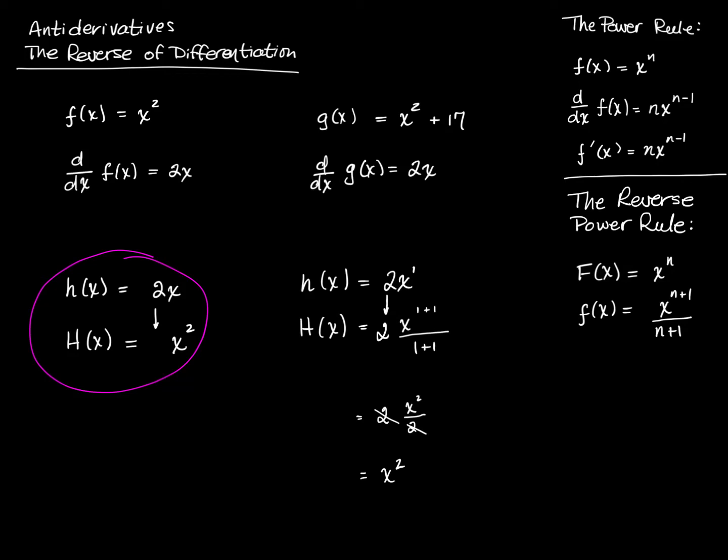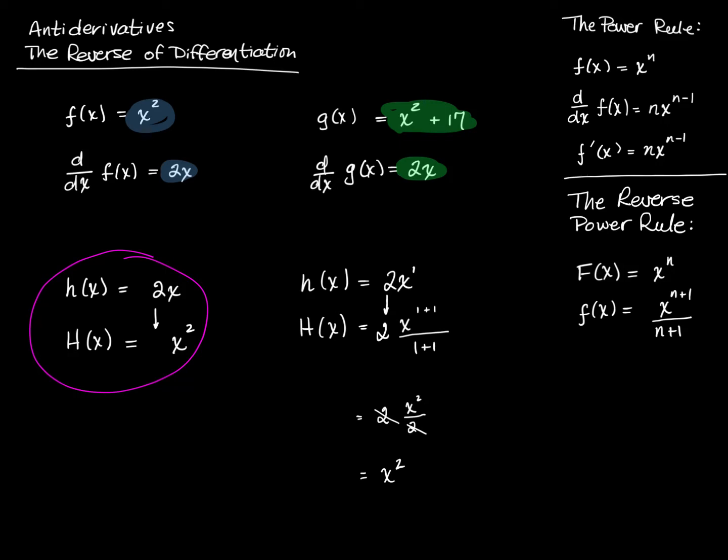There's something interesting worth noting here, though. Remember when we started this lesson, when we differentiated x squared, we got 2x. But when we differentiated x squared plus 17, we also got 2x. So we need to make sure that we're accounting for all the possible antiderivatives of 2x.